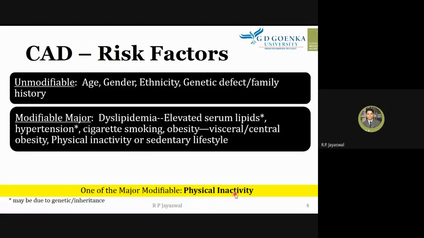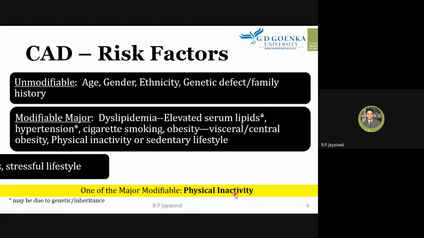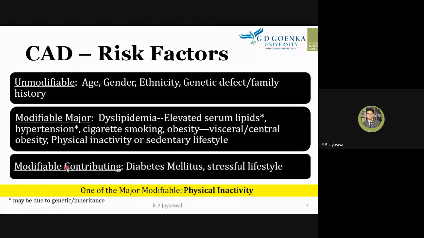One of the modifiable contributing factors is diabetes mellitus, and another is a stressful lifestyle. These two factors contribute to the development of coronary artery disease. A person suffering from diabetes mellitus may progress into coronary artery disease.